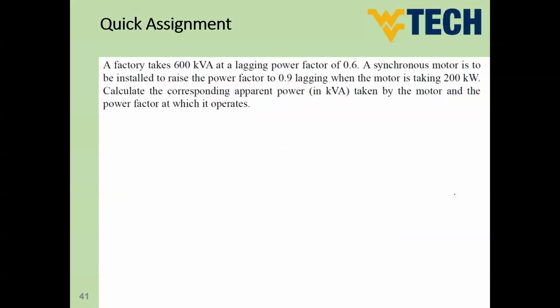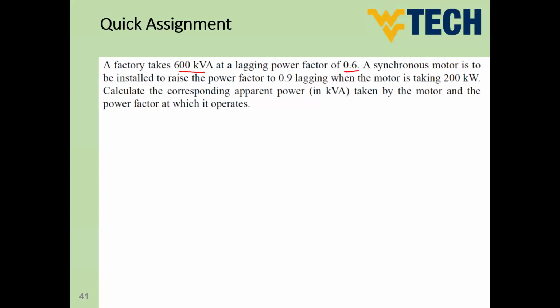So here, guys, the assignment says a factory takes 600 kVA. So this is the amount of apparent power that a factory is taking at a lagging power factor of 0.6. So lagging power factor of 0.6, this means there is huge reactive power absorbed by this factory.